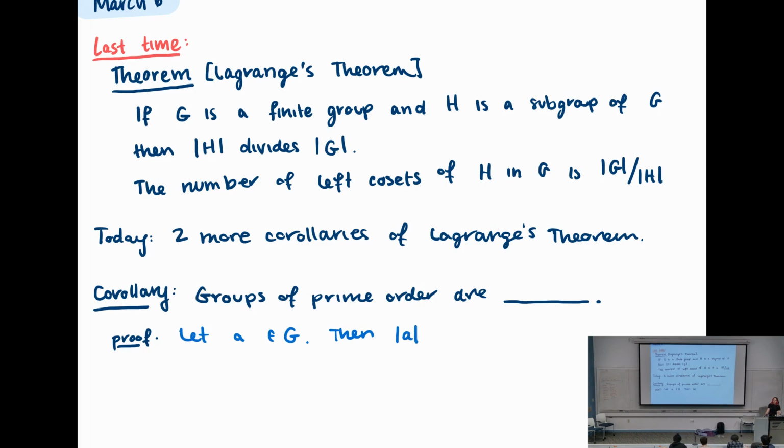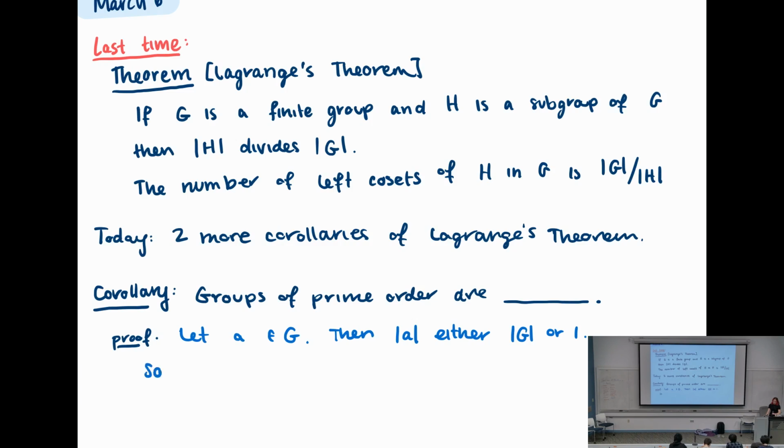This is either the order of G or 1, because the order of a has to divide the order of the group, and the group we've assumed has prime order, so the only divisors are 1 or the order of the group. The only element that has order 1 is the identity, so any non-identity element is forced to have order equal to the order of G.